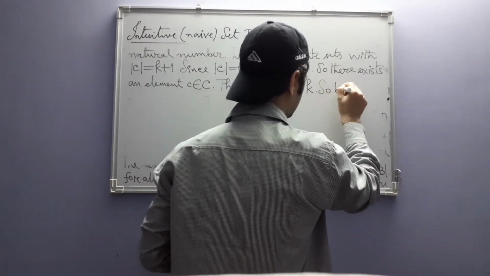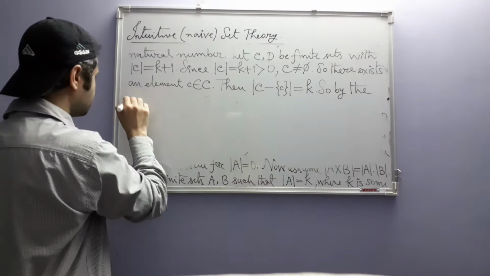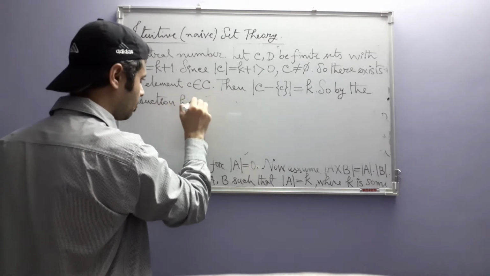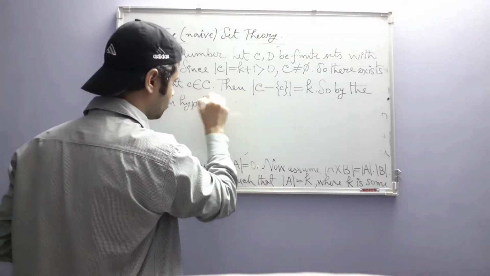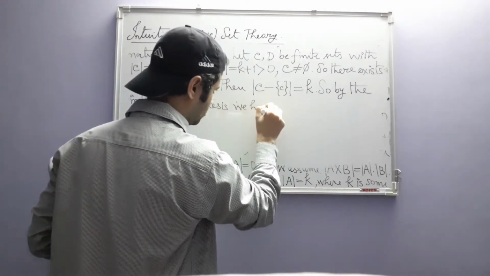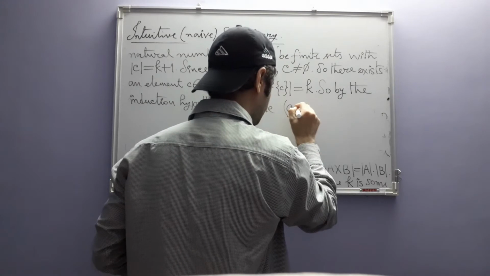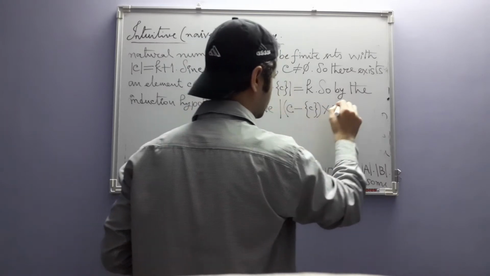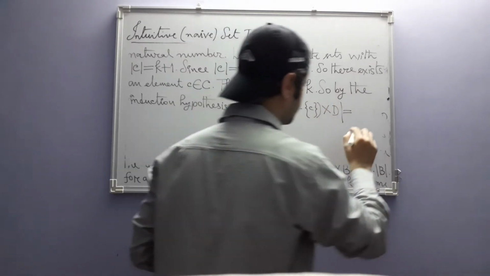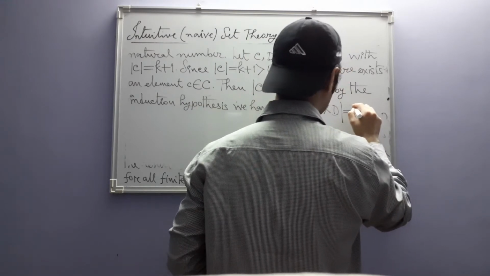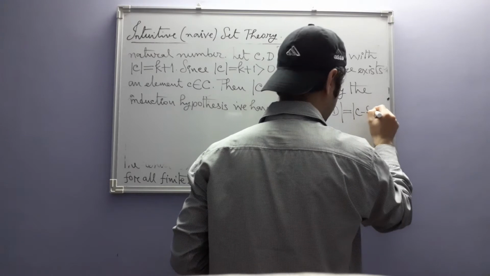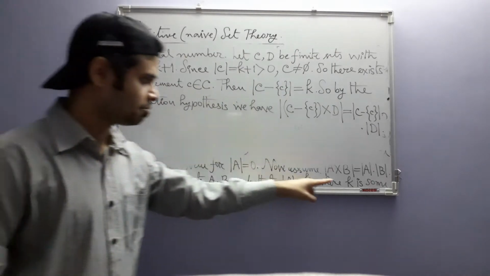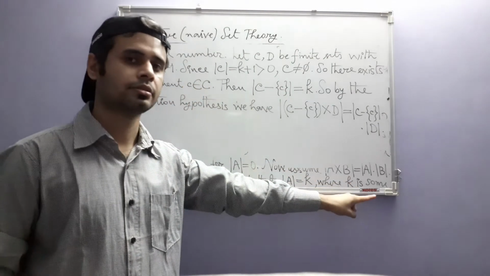So by the induction hypothesis, we have the cardinality of (C minus {c}) cross D is equal to the cardinality of C minus {c} into the cardinality of D. Okay, this is coming from the induction hypothesis.